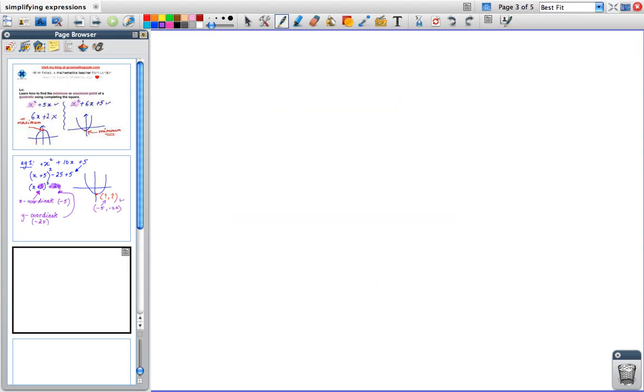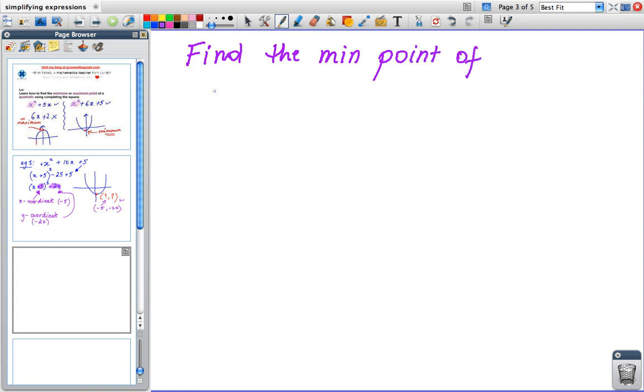Now let me give you one question to try out. Find the minimum point of x squared plus 10x plus 20, and I want you to find the coordinates.